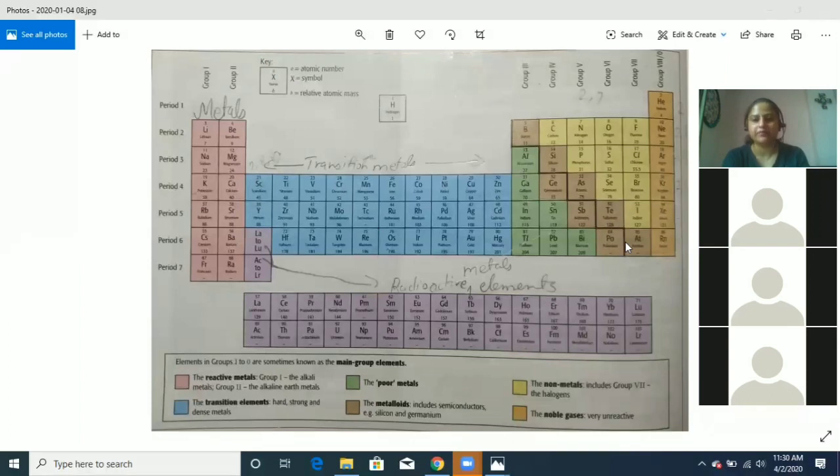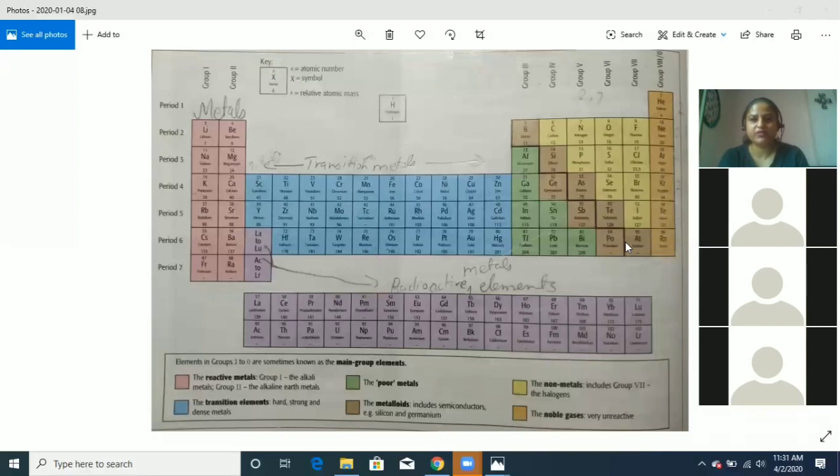These are called metalloids or semi-metals. Metalloids show similar properties to metals and non-metals. They show both the properties of metal and non-metal. Generally, they show properties like a non-metal, but at a particular temperature, they behave like a metal and they conduct electricity.